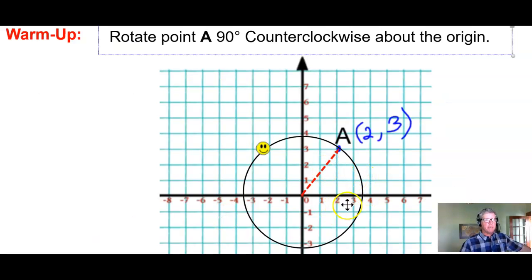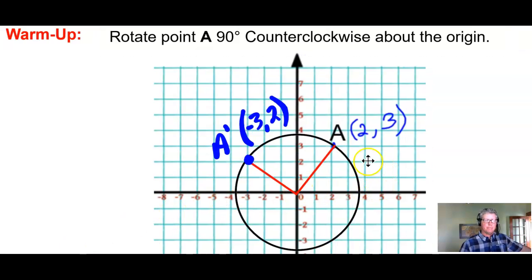So just to make sure we get a feel, point A, if it starts here at the point (2, 3), what we're looking for is 90 degrees in this direction. So rotating around the origin is just going to go around that circle. So we want to stop when we've created a 90-degree angle. So maybe somewhere in there. All right.